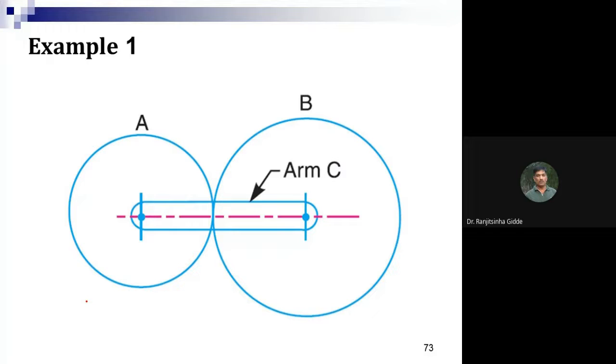If the gear A, instead of being fixed, makes 300 rpm in the clockwise direction, what will be the speed of gear B?